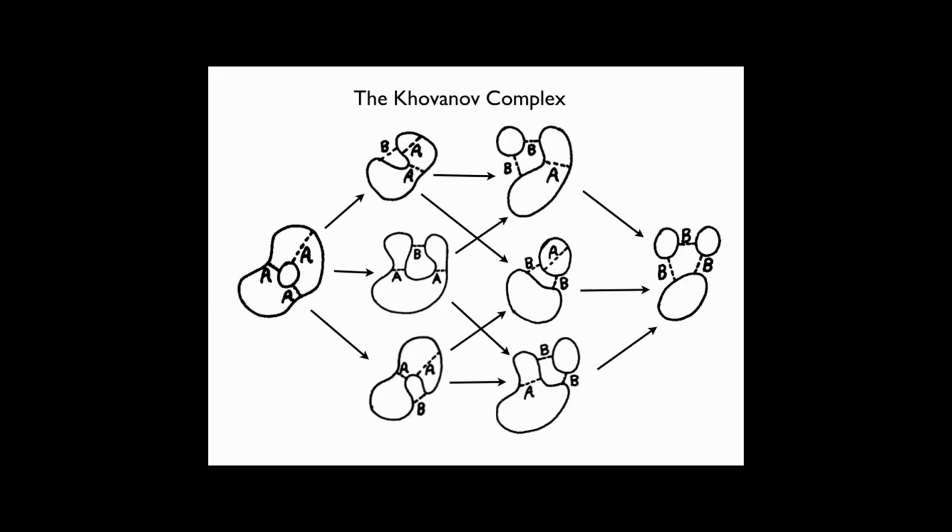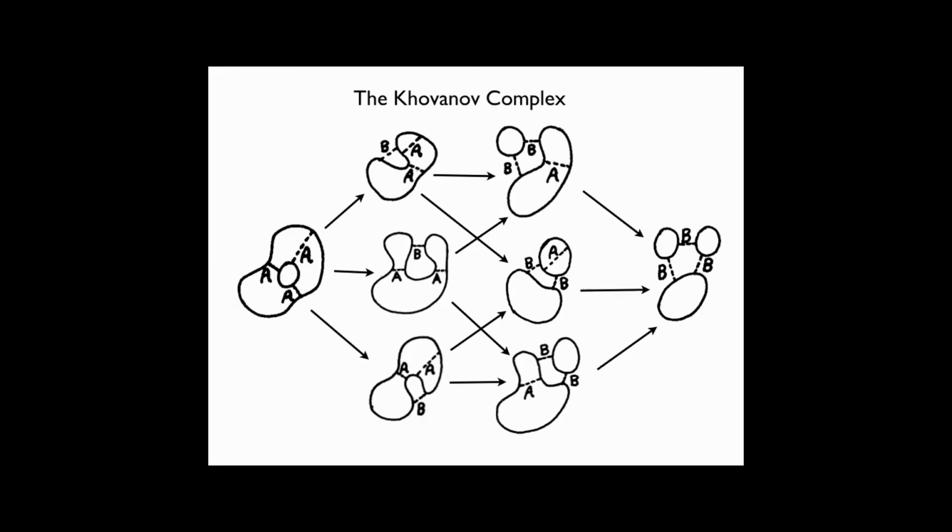I have put the all A state of the trefoil over on the left, and then an arrow going from one state to another changes exactly one site from an A to a B. So as you see, the three arrows going out of the all A state on the left change one place to a B of the three places that are available.